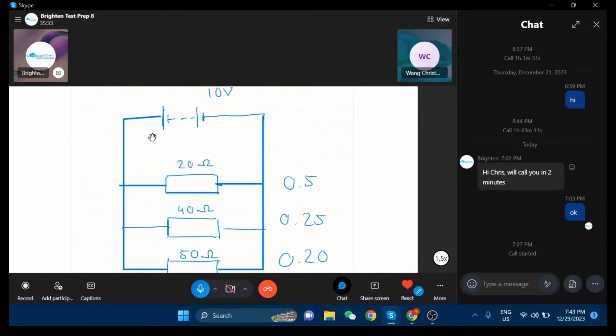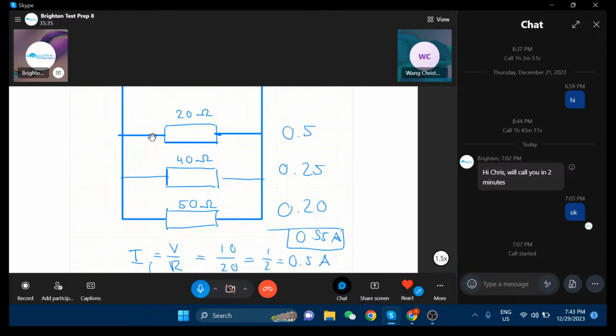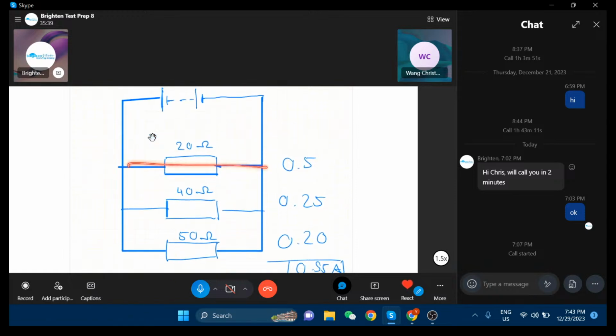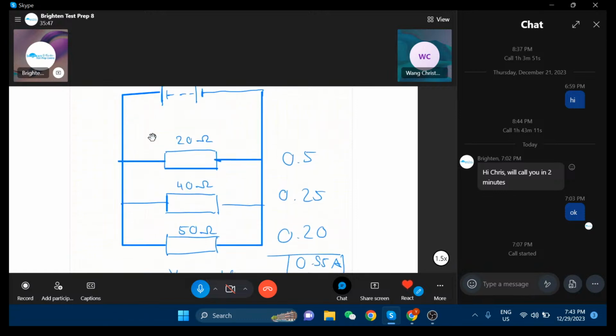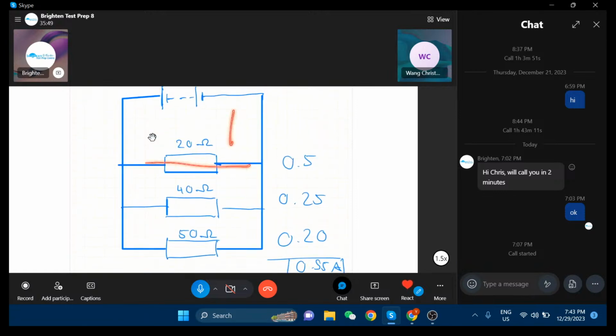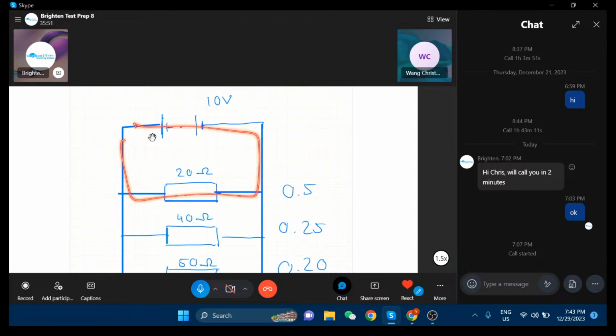We had the 10 volts, right? When we calculated it for the first one, it was 10 volts. Why is it 10 volts here? Because, of course, when you just look at that loop, and we can do that for the second loop and the third loop.